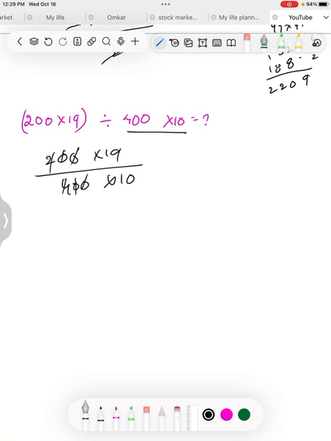So 19 by 20, again you are not getting the answer, right? I think the question is wrong.